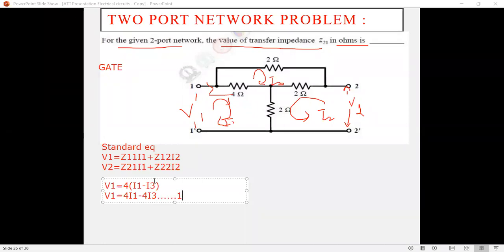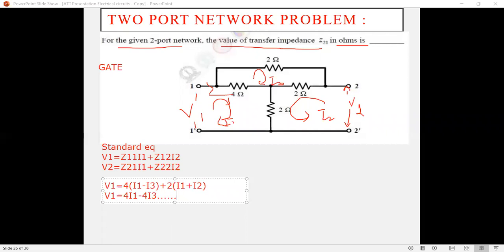Sorry, I think we left out this term, that is plus 2 I1 plus I2. Just simplify this.